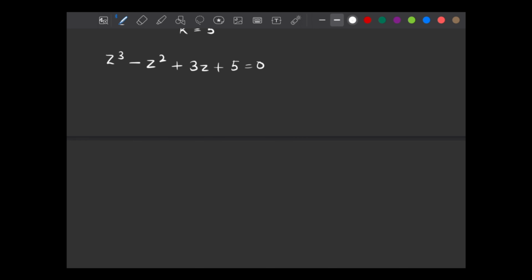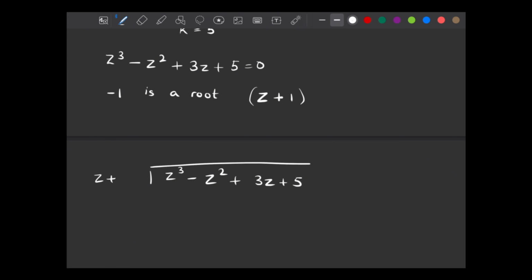Now we want to find the other 2 roots. So we know minus 1 is a root, which tells me that z plus 1 must be a factor. Again, if you're unsure about the factor theorem, I will link it below. So z plus 1 is a factor, so if I divide our cubic by this factor, I will get another factor of this cubic.